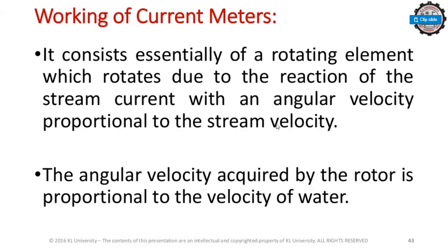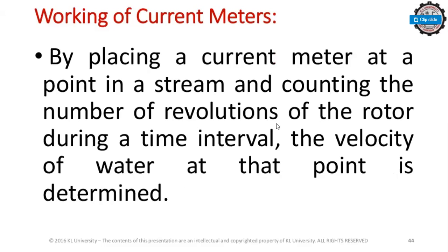The angular velocity acquired by the rotor is proportional to the velocity of water. By placing a current meter at a point in a stream and counting the number of revolutions of the rotor during the time interval, the velocity of water at that point is determined.